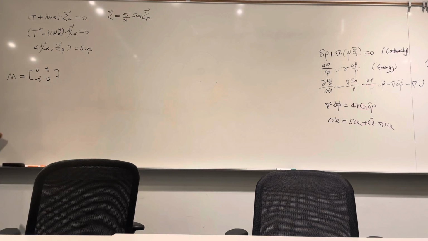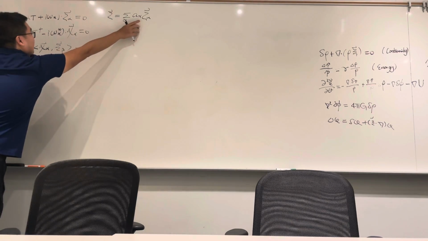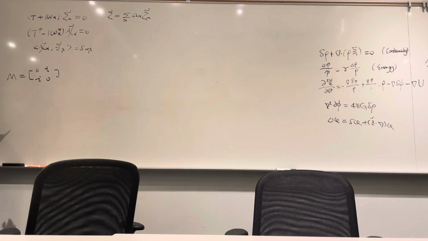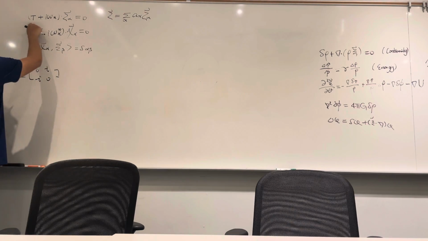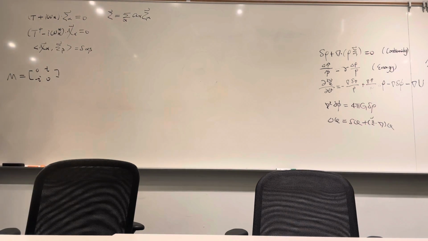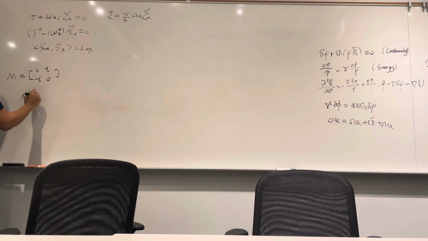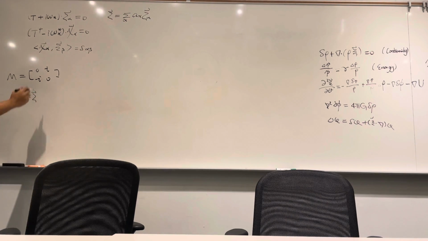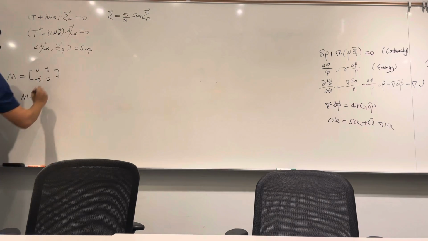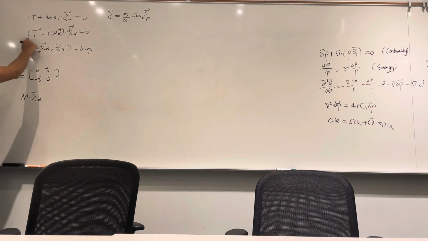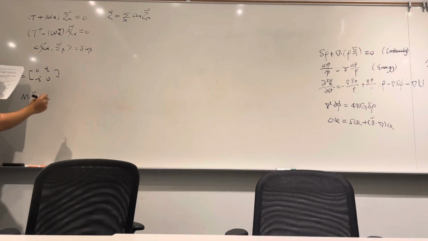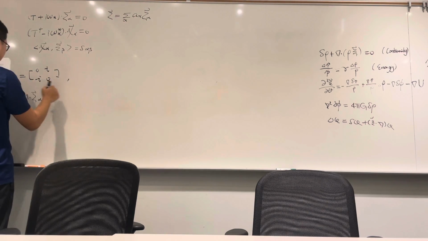So we can show that if this delta satisfies this eigenvalue equation, then m delta must satisfy this. If delta alpha satisfies this, then m delta alpha must satisfy this, and that is due to some quantities about this matrix.